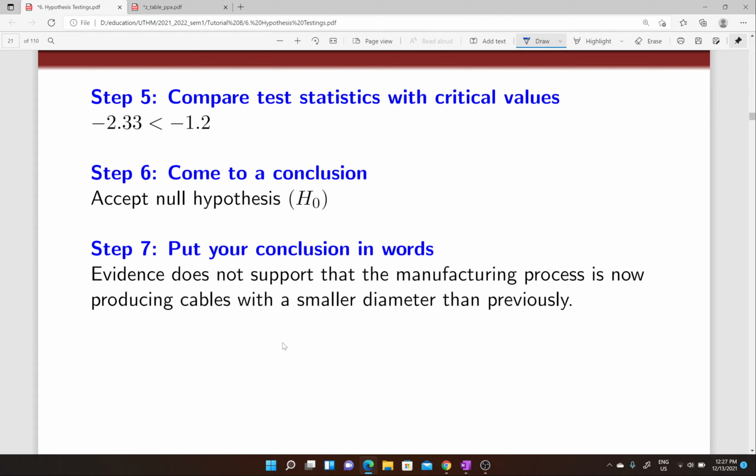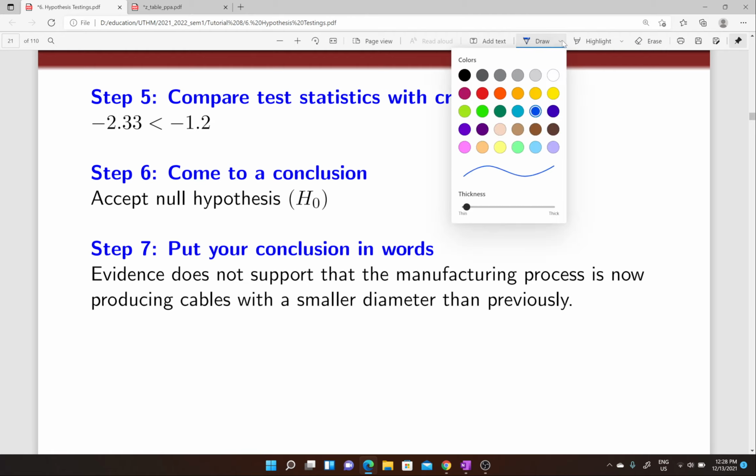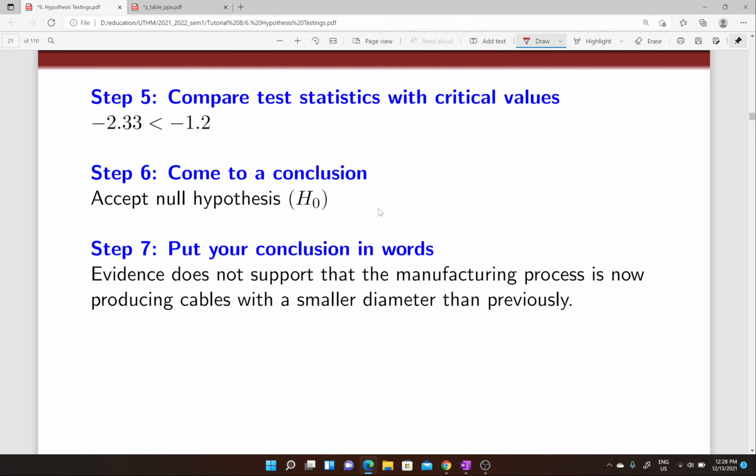We cannot tell it is smaller diameter because we accept the null hypothesis. The null hypothesis is 2 cm, isn't it? Still the mean is 2 cm. We accept the mean is 2 cm, so we cannot conclude it is smaller than 2 cm. That's why I write does not.